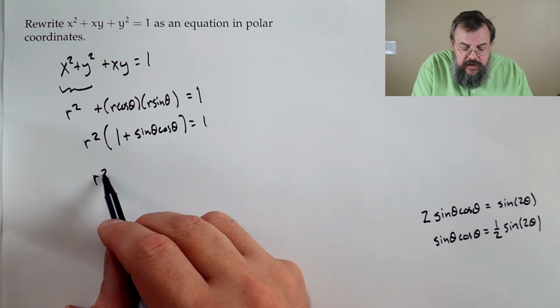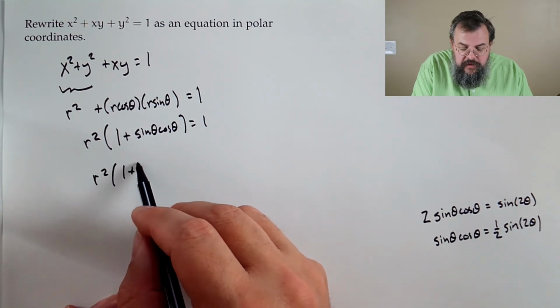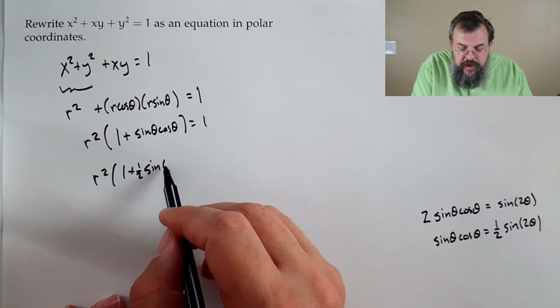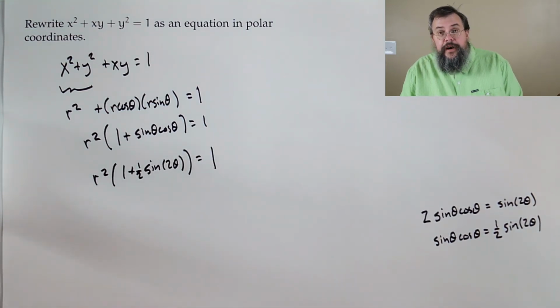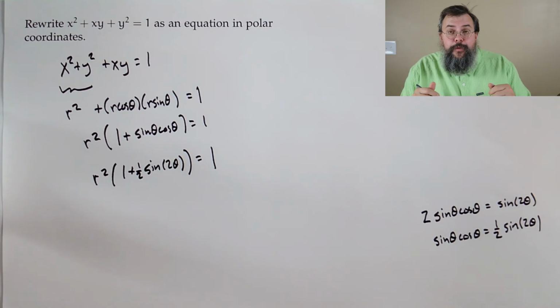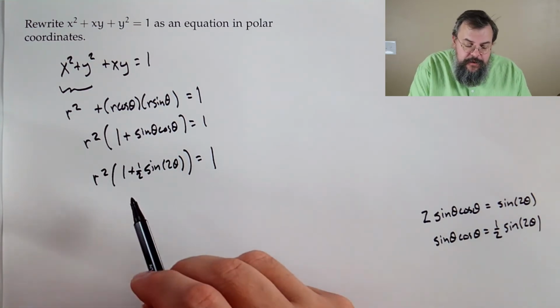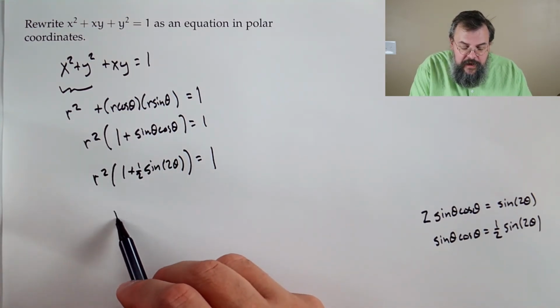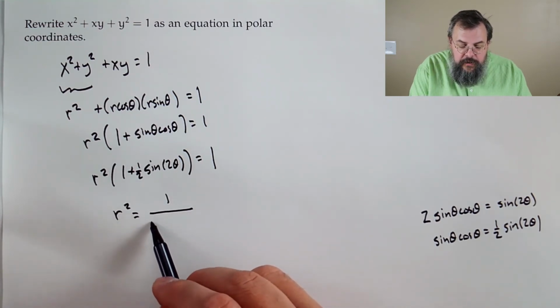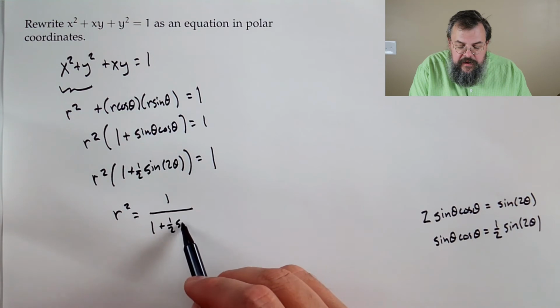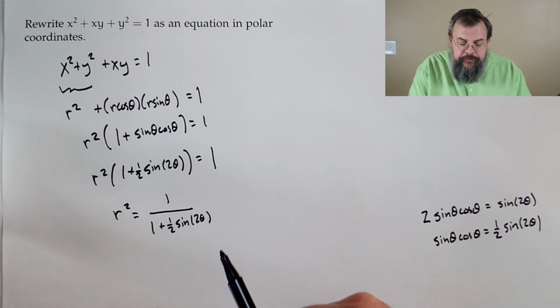And r squared times 1 plus 1/2 sine of 2 theta equals 1. And now we're like, great, wonderful. Let's move it across. R squared equals 1 over 1 plus 1/2 sine of 2 theta.